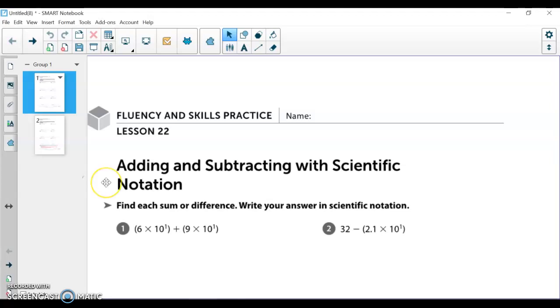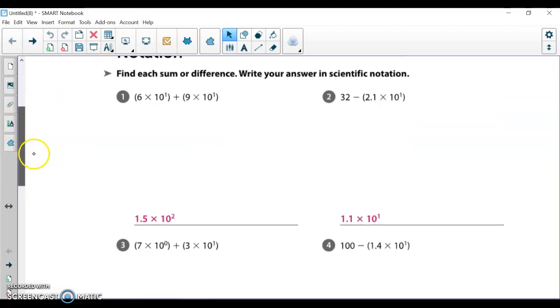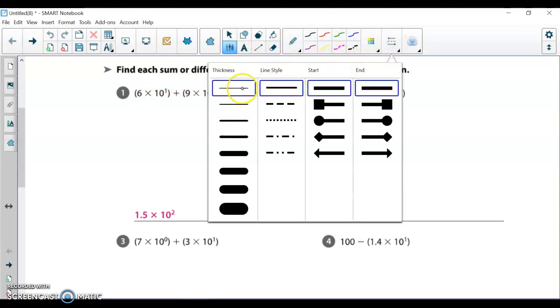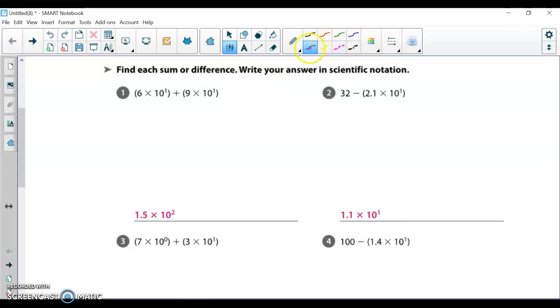So looking at the first one. You can see here that I already have the answers printed. I'm going to show you the work. We are adding these 2 pieces. So remember, when we are adding or subtracting, we always want to make sure that we have the same exponent.